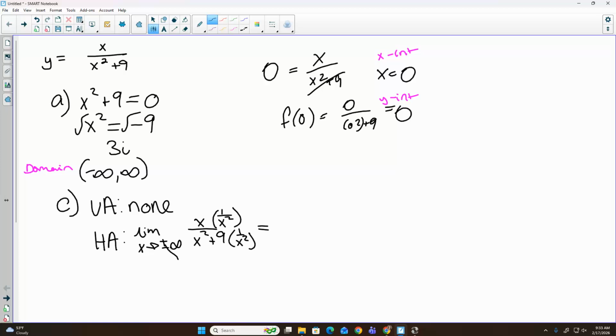Then I got 1 over x over 1 plus 9 over x squared, because x squared over x squared would turn into 1. And then you do some math and you get that y equals 0.